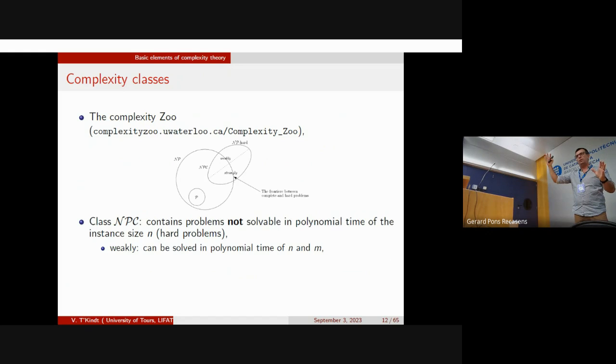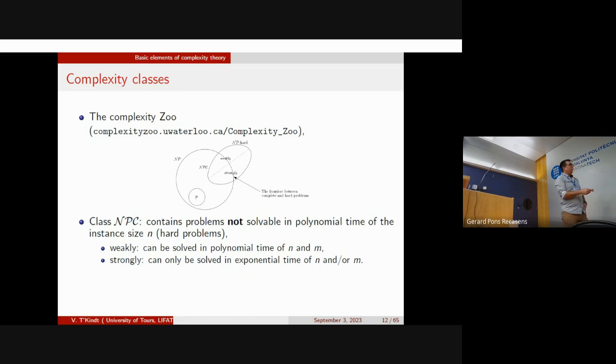Like if you give 5 objects to the knapsack, but the capacity of the knapsack is 20, it will be simpler than for another instance with 5 objects, but a knapsack capacity of 1,000,000. That's what it means. These problems admit optimal algorithms with a polynomial complexity of n and m. So they are bad guys, but not that bad.